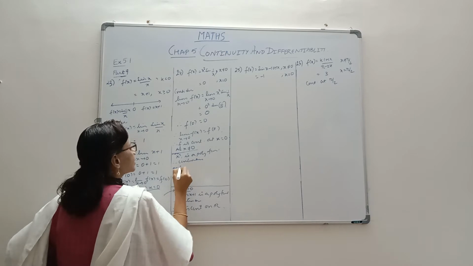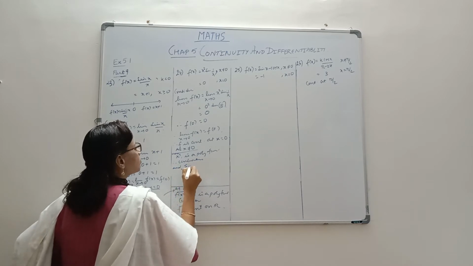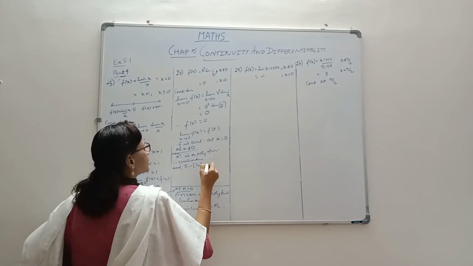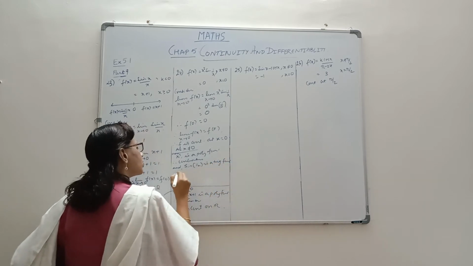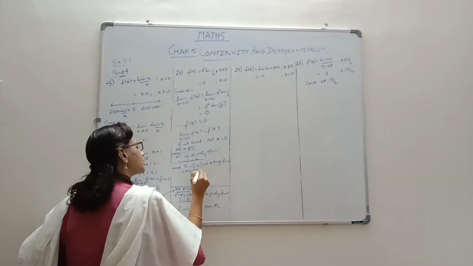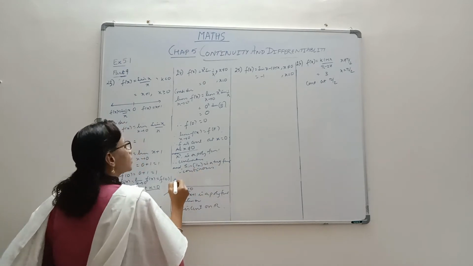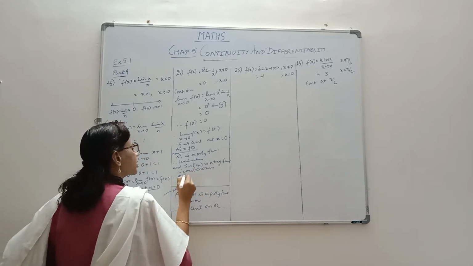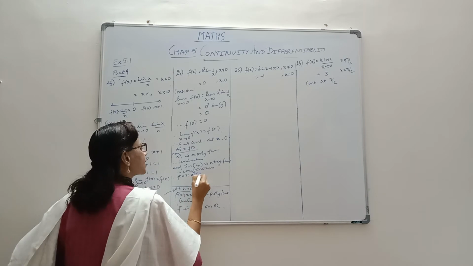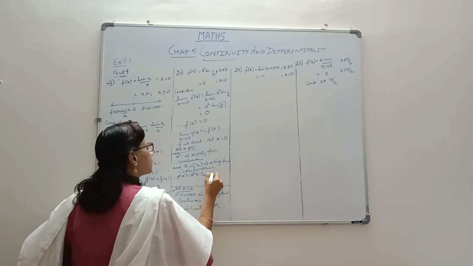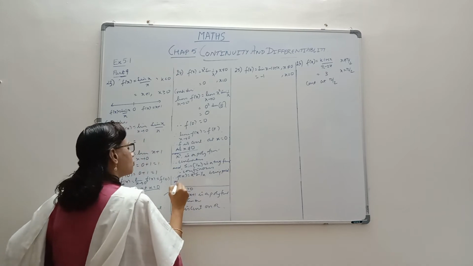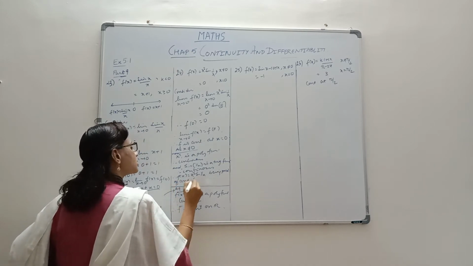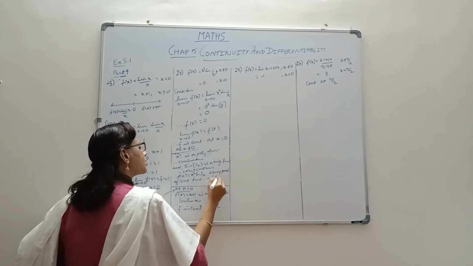And sine 1 by x is a trigonometric function, therefore continuous. Therefore, f of x, which is x squared sine 1 by x, being a product of continuous functions, is continuous.